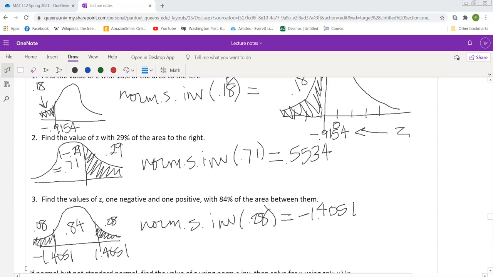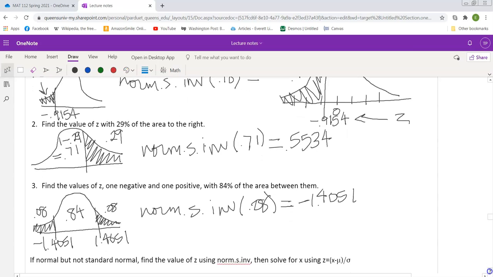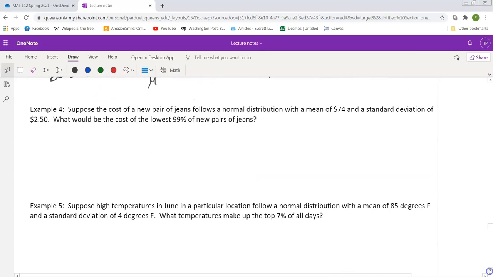So now let's look at what we do when we want to find an inverse normal probability, but that's not a standard normal. First of all, let's look at what a problem like that would look like. In the previous video, we looked at this example where the cost of a new pair of jeans follows a normal distribution with a mean of $74 and a standard deviation of $2.50.